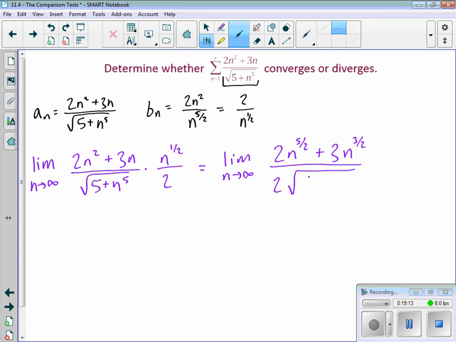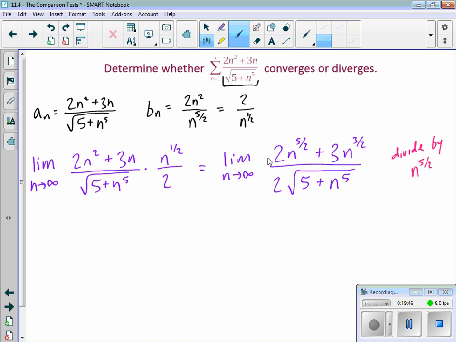Any ideas on how to actually take that limit? Kind of similar to what we did on the last one, only this is more like what we've done in the past. What's the highest power in the denominator? N to the 5/2. So yep, we're going to divide everything by n to the 5/2.